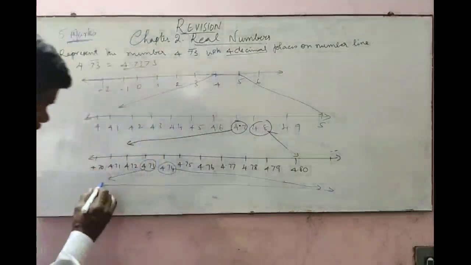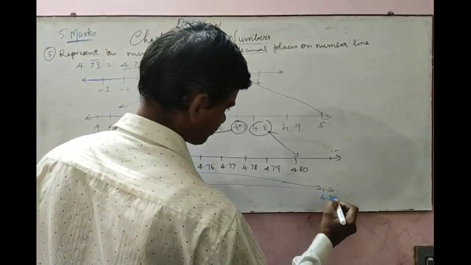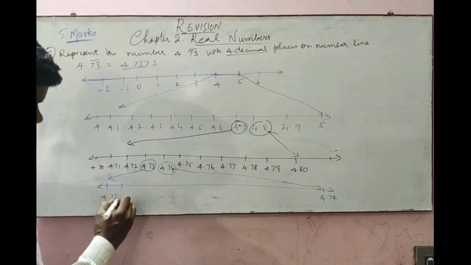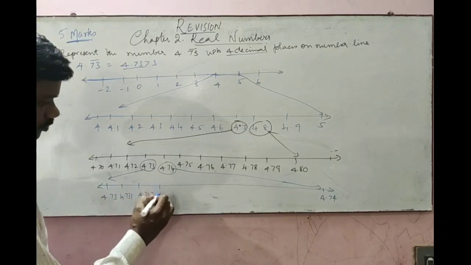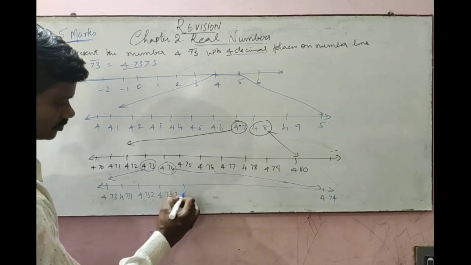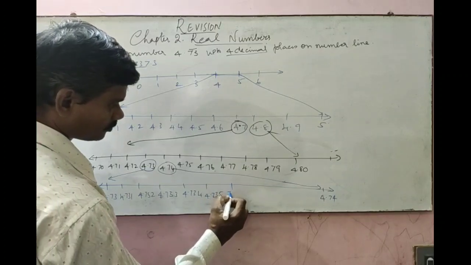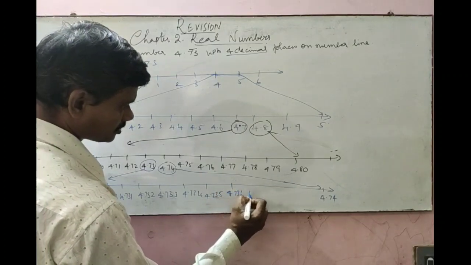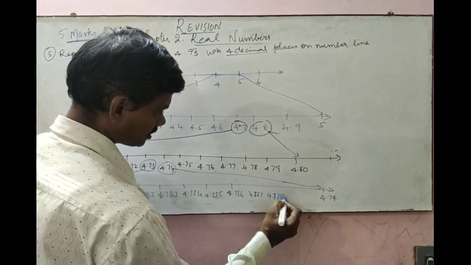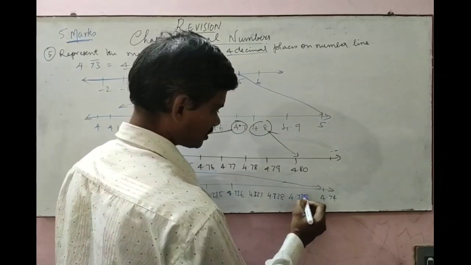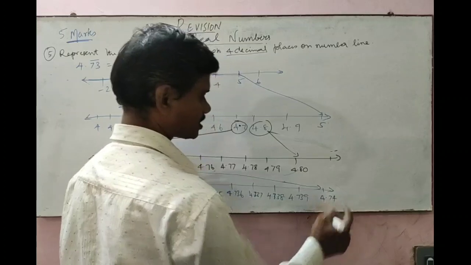If I expand this with 4.73 and here 4.74, what are the remaining decimals? 4.731, 4.732, 4.733, 4.734, 4.735, 4.736, 4.737, 4.738, 4.739, then 4.740, that is 4.74.